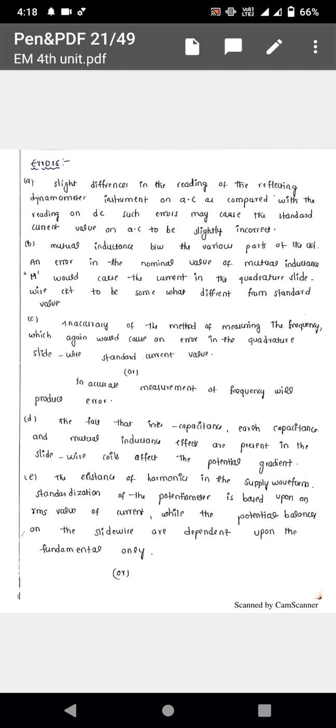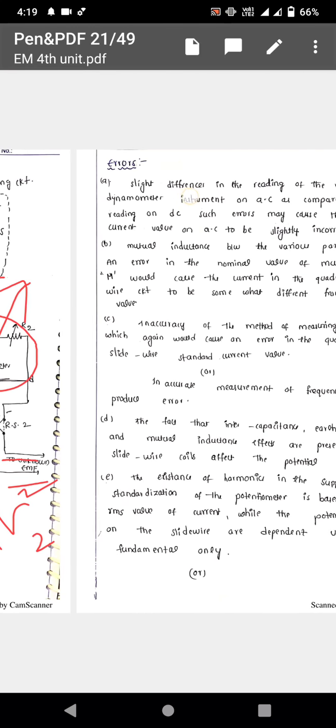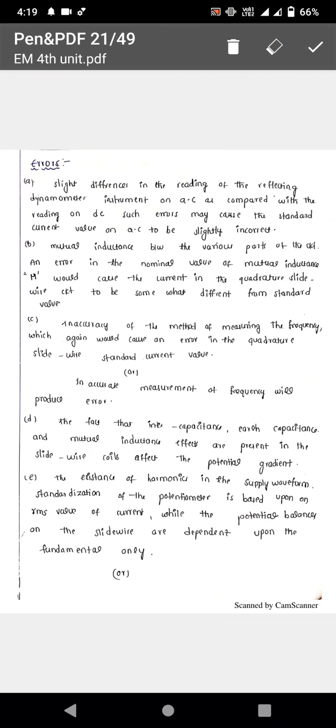Now, what are the errors in measurement when using the same potentiometer on DC and transferring to AC? There are some errors, frequency errors. A slight difference will come when using a dynamometer type instrument as compared with DC errors.